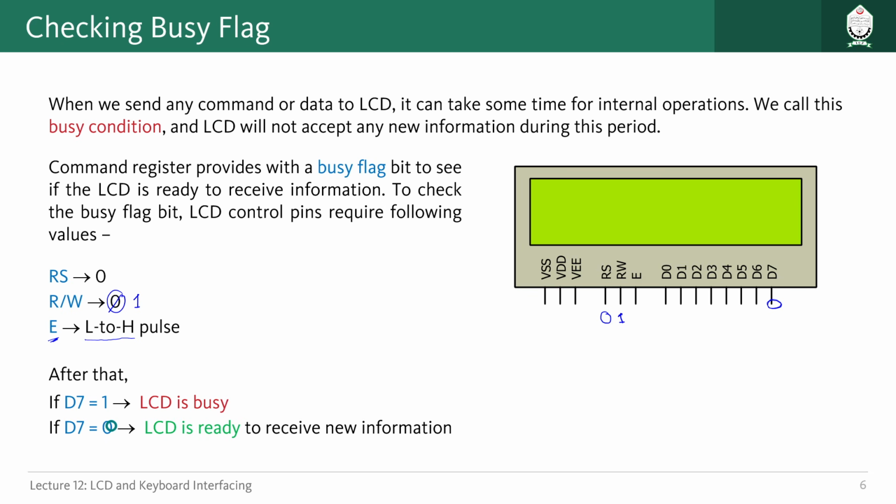We will just assume some amount of duration for that delay so that the LCD can do its internal operation after each command and it is not busy anymore. Later on, in the next example, we will see how we can improve upon that by checking this busy flag so that we don't have to wait arbitrarily before giving the next command.